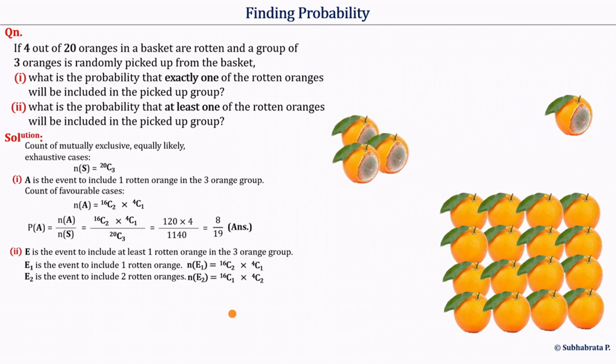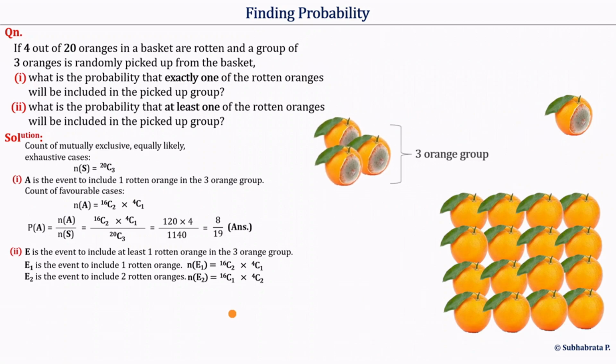We can select all 3 rotten oranges to form this group if E3 is the event representing this type of selection. We are selecting 0 good oranges and 3 rotten oranges from the 4 rotten oranges. This is the count of favorable cases belonging to event E3.